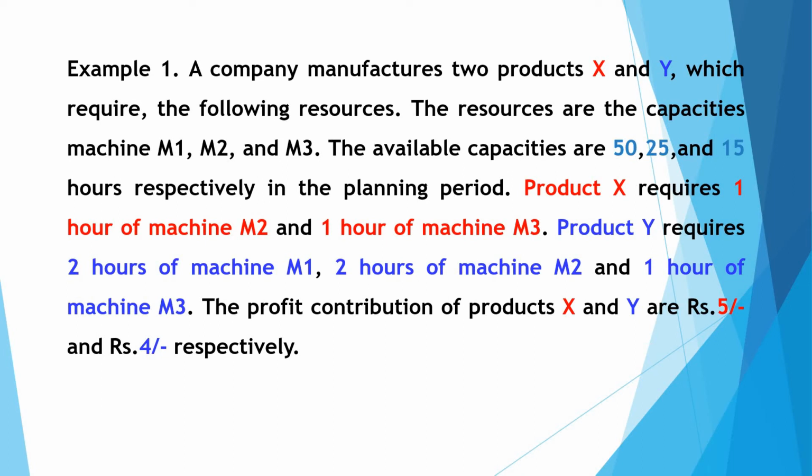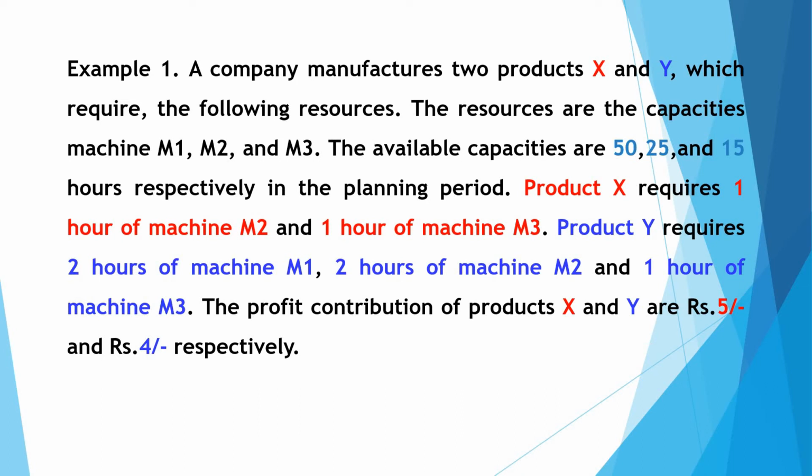It requires 1 hour of machine M2 and 1 hour of machine M3. Product Y requires 2 hours of machine M1, 2 hours of machine M2 and 1 hour of machine M3. Now my products X and Y are ready for selling.